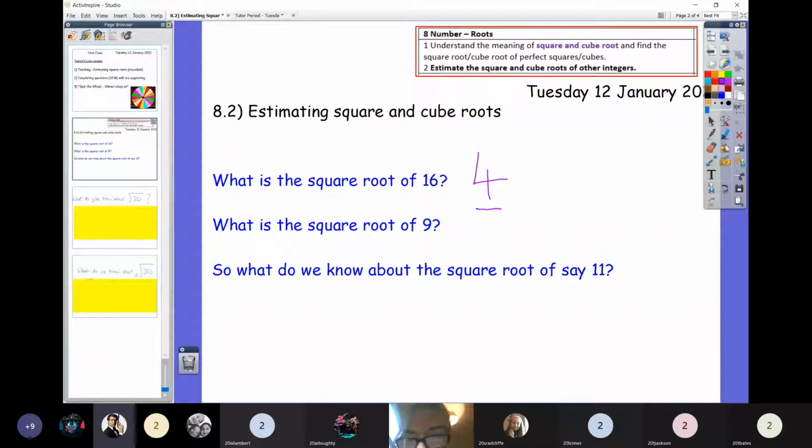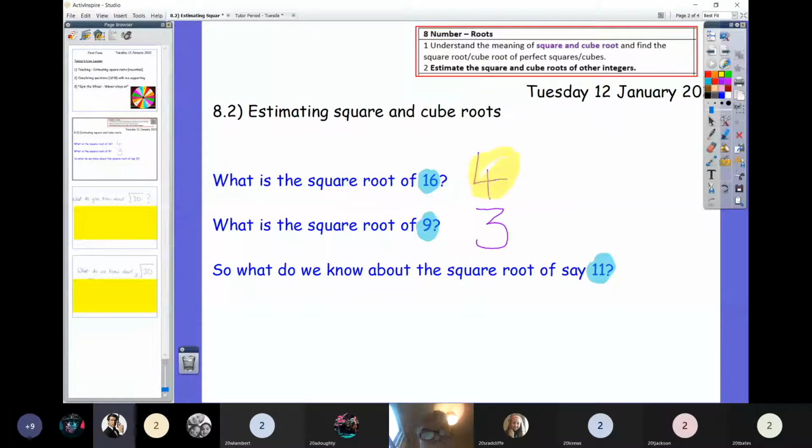Now, what can we say about the square root of 11? Now, we don't know what it is. We'd need to have a calculator work it out exactly, because it's going to be a decimal. But because 11 is between 9 and 16, we know the square root of 11 must be somewhere between 3 and 4.